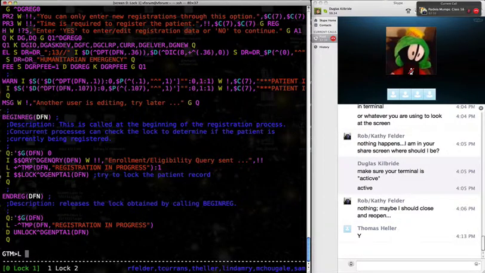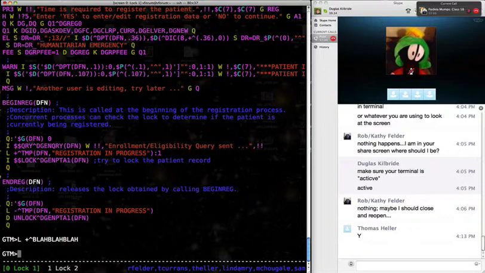I can lock plus up caret blah blah blah. Mumps does not care. I really just lock that. And my lock name does not have to be a global variable. It could also be a local variable. So I could say lock plus blah blah.